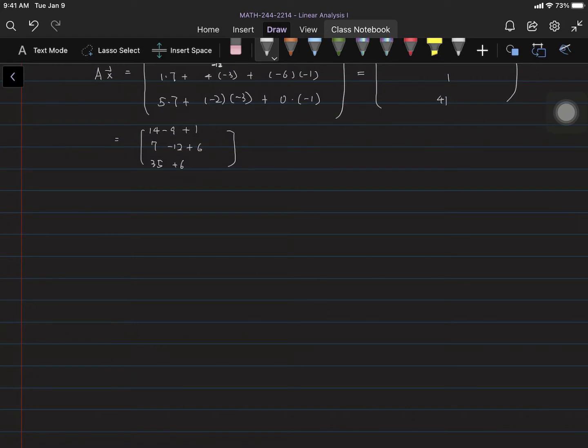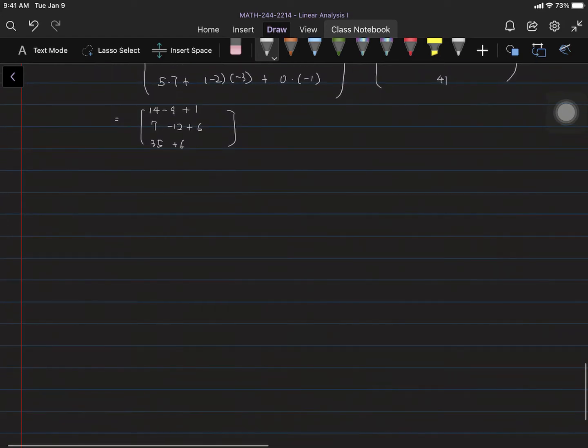So this is a multiplication. I'm going to give you one exercise and let's try. So we start from the easy one. Okay, 2 by 2 multiplied by 2 by 1. Those two numbers have to be the same.